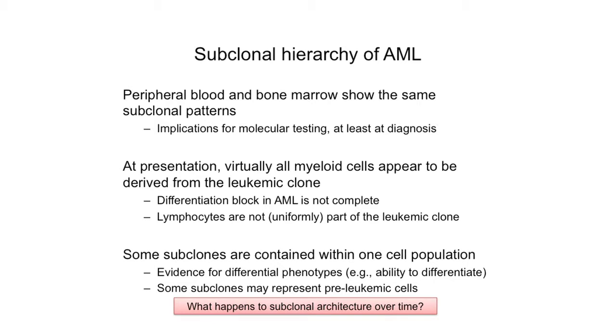And in some cases, and this is not uniform, subclones are enriched in certain cellular populations. Again, I think that this means there's evidence for differential function of different subclones and evidence for heterogeneity within some progenitor compartment that contains the leukemic cells.